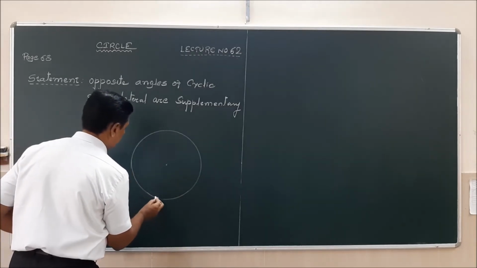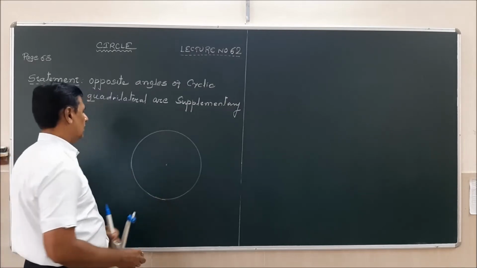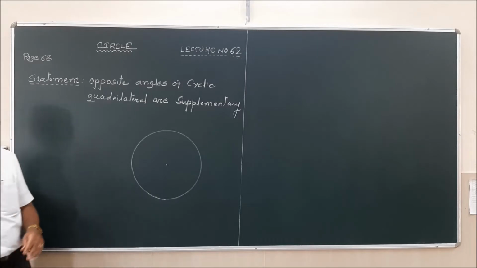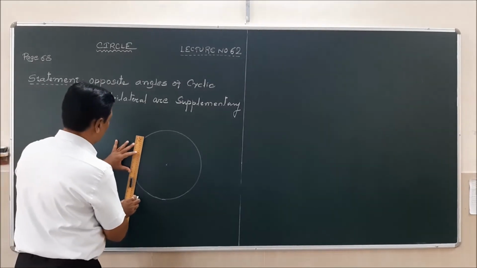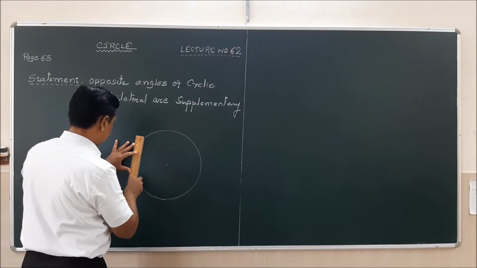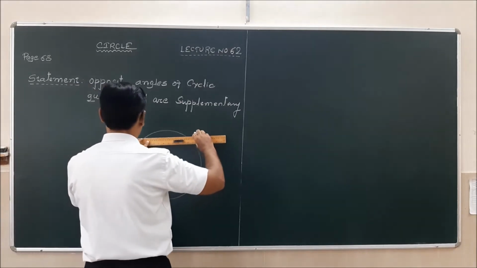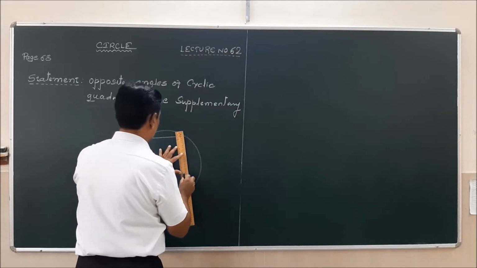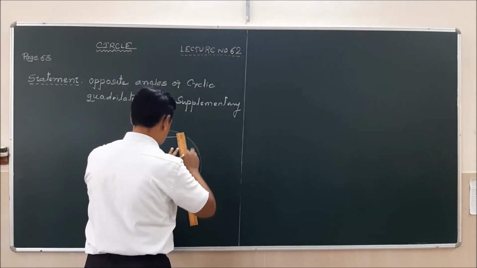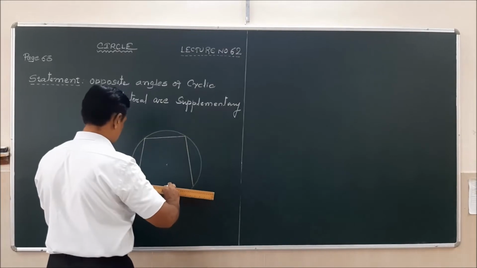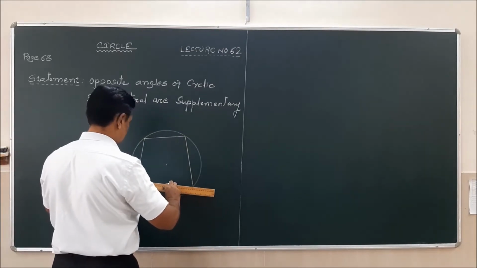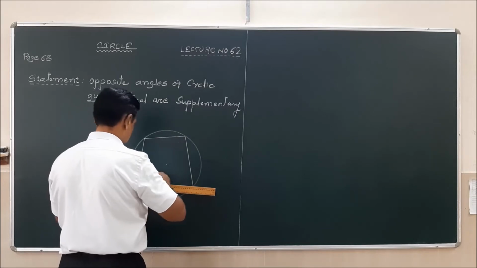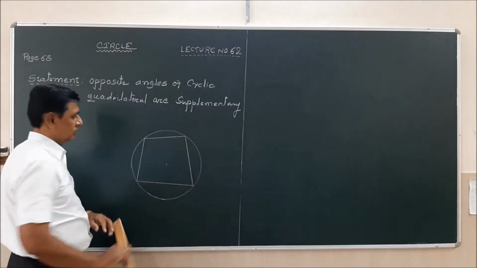So here, if I draw this circle, and in this circle I draw a cyclic quadrilateral, okay.